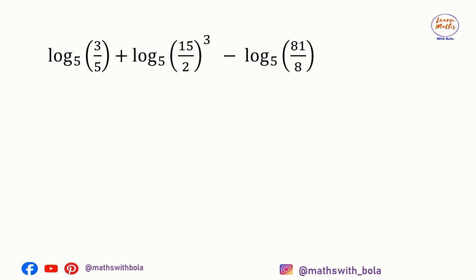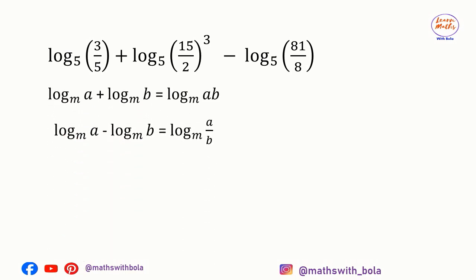The next thing to do is to follow more logarithm rules. The rule says that log a plus log b, assuming they are all in the same base, is equal to log ab. Then when you have log a minus log b, it's the same thing as log of a over b.